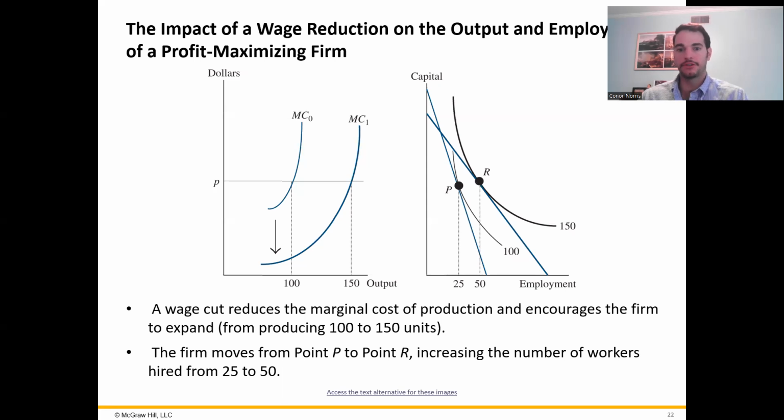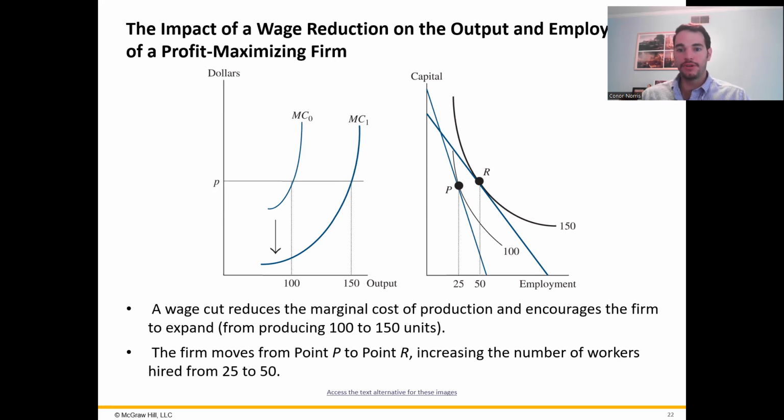Now, the second graph here shows the more accurate approach for what happens when wages change. So as in this example, wages fall, the isocost line shifts outward, reflecting the firm's increased ability to afford more labor or capital. This shift in the isocost line allows us to see how a firm's optimal input mix changes in response to the lower cost of labor. This is specifically because now wages are lower.